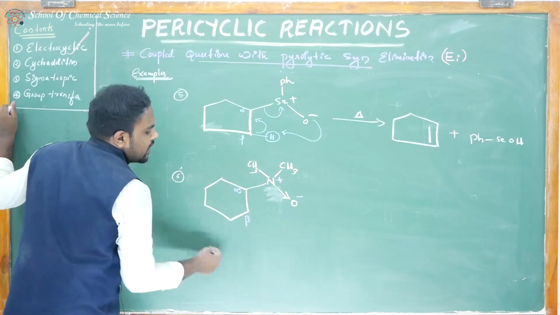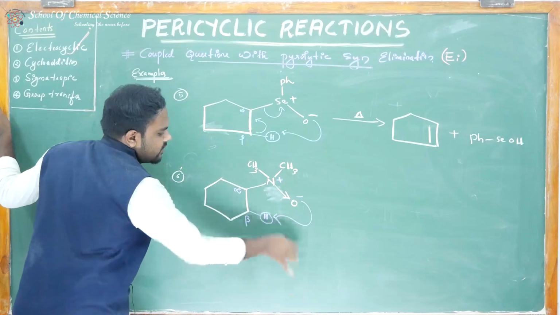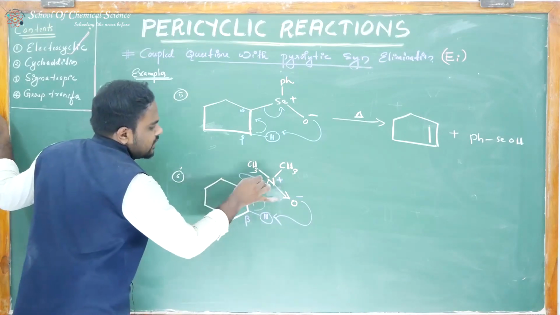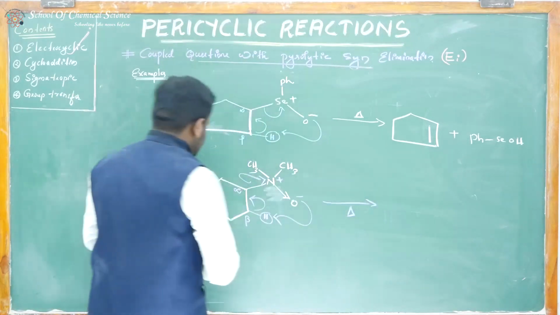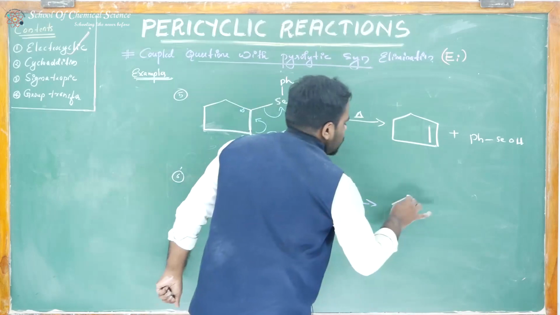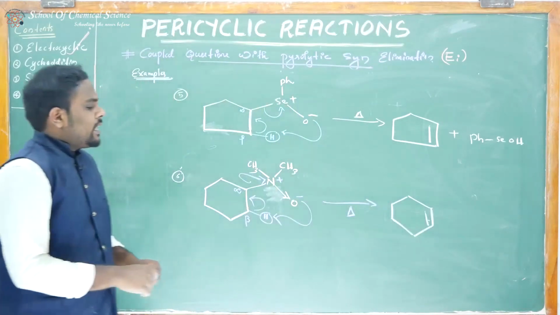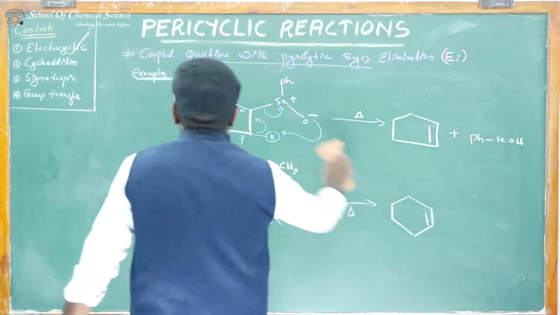This is alpha, this is beta. This beta carbon contains a hydrogen. This O minus will interact with the beta hydrogen. This bond will shift towards this side. This group is eliminated. So under thermal condition, pyrolytic elimination will take place to form an alkene as your product. Then the next example.